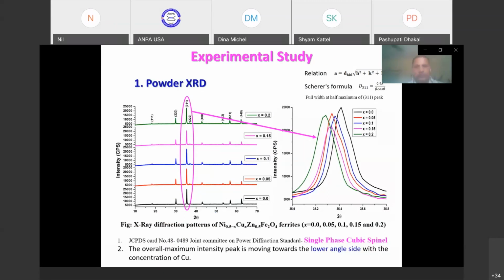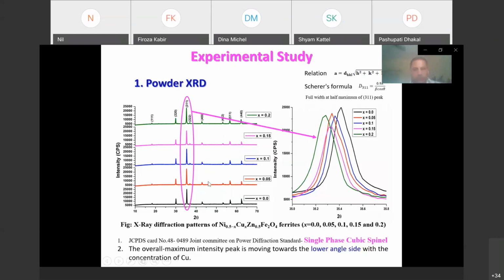Here we see that the highest and sharpest peak is in the direction 311. This is useful for the determination of crystallite size that can be obtained from the Scherrer formula, and the lattice parameter can be calculated from this relation, where d is the interplanar spacing and hkl are Miller indices.